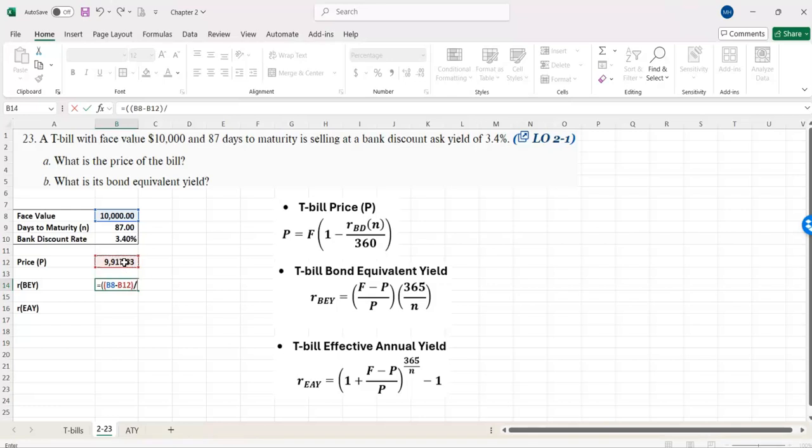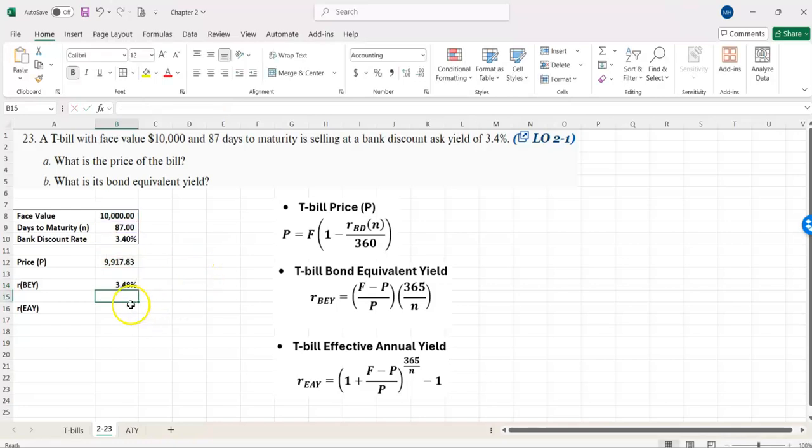So the parentheses make sure that stays in the denominator. Divided by price, then close parentheses and start a multiply, and then 365 divided by our N of 87.